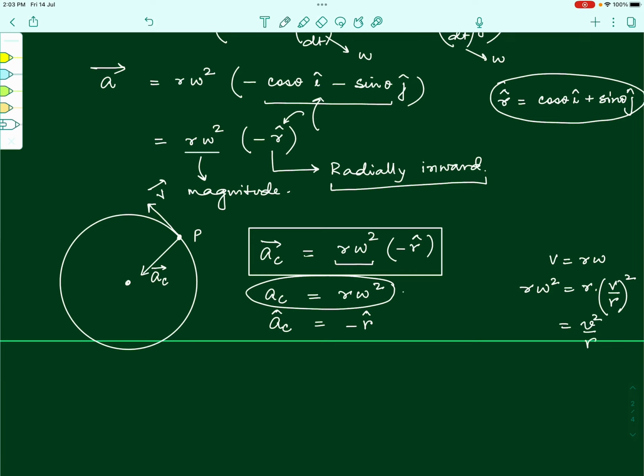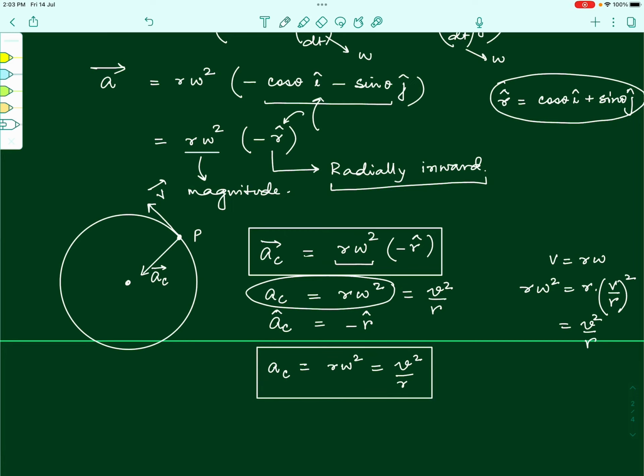So there is another formula that we give to the magnitude of centripetal acceleration, which is v squared by r, which is the more known formula. Actually, it's used more in the questions, in the applications of it. So we have got two formulae for the magnitude of centripetal acceleration. One is r omega squared and the other is v squared by r, where v is the speed of the particle, right?